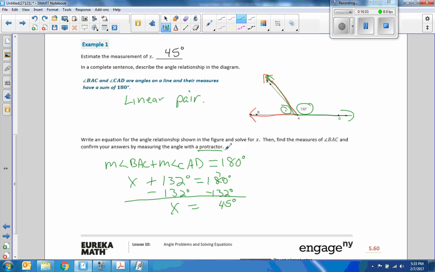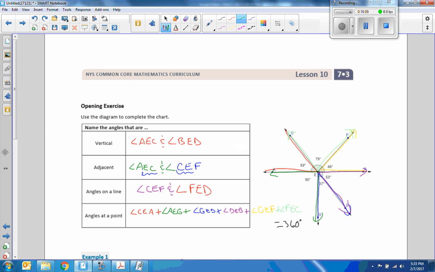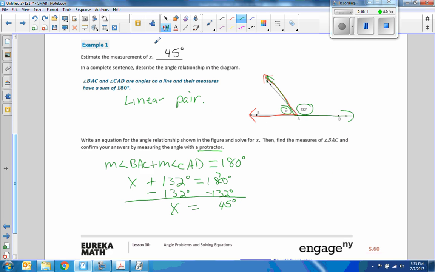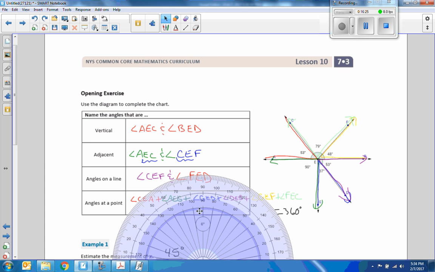Okay, and it says to confirm with a protractor, but we are not going to do that at this time. Or are we? Now I'm beginning to think I probably should. I have this little tool up here. Here's the protractor. Let me erase all of this and go get my protractor that's at the top of the page. Move it down.